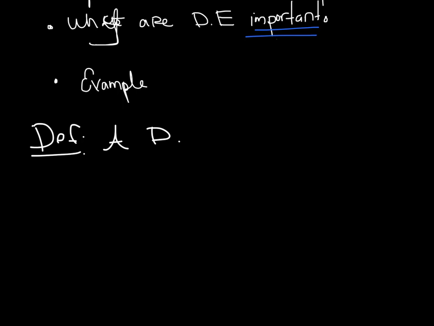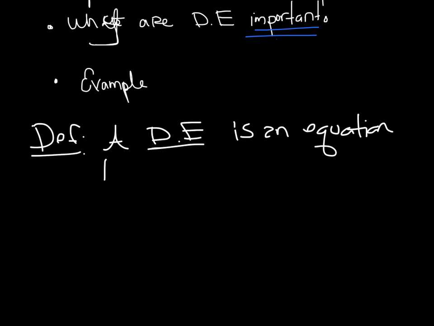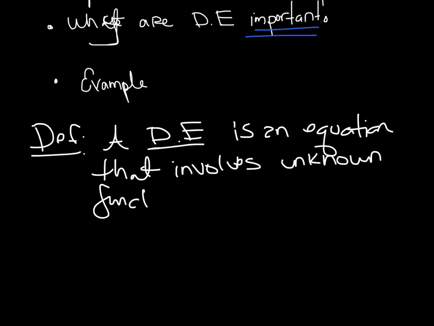So, and I'll go ahead and abbreviate it. A differential equation is obviously an equation that involves two main things. It involves an unknown function. So maybe put that in green. So an unknown function.